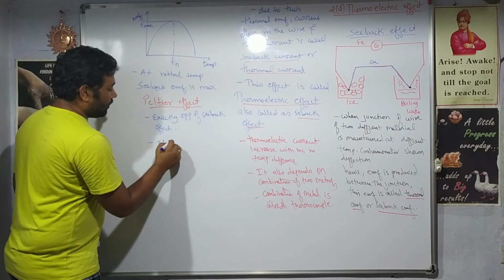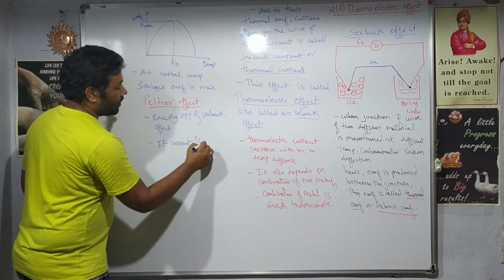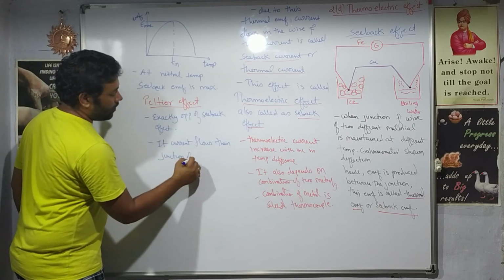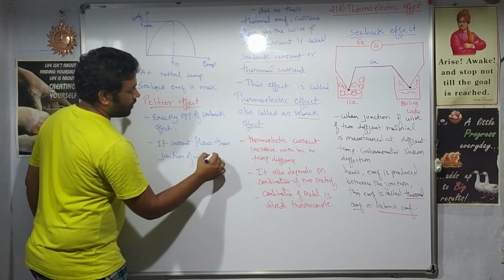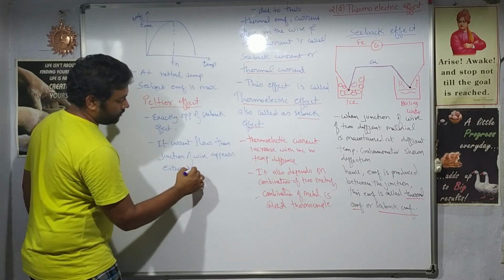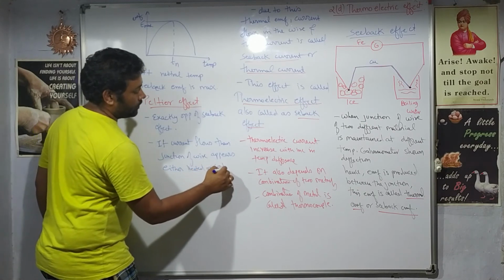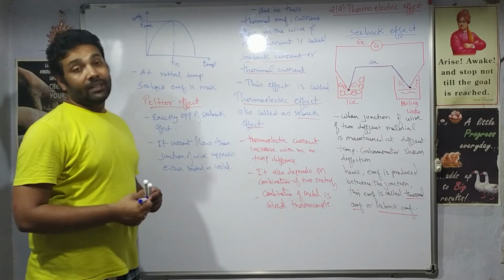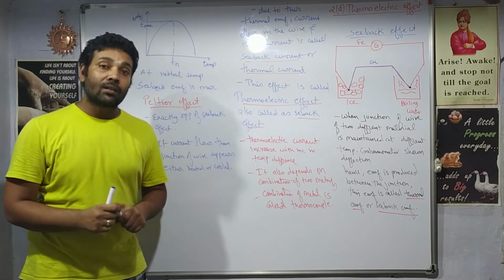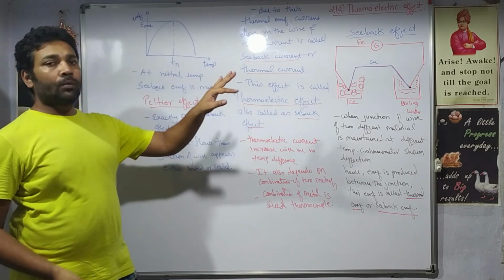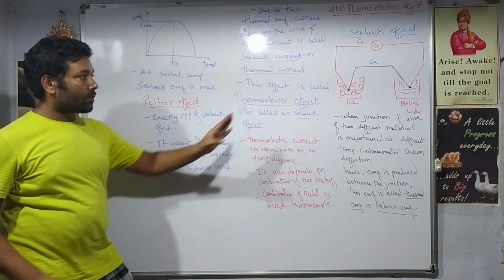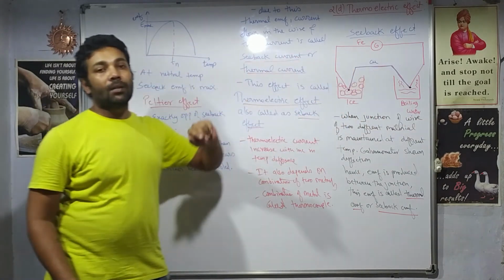Here, if current flows, then the junction of the wire appears either heated or cooled. That is the Peltier effect. This Peltier effect or Peltier module is also widely used in air conditioners and refrigerators. Here if the current flows, one of the junctions becomes hot and the other becomes cold.